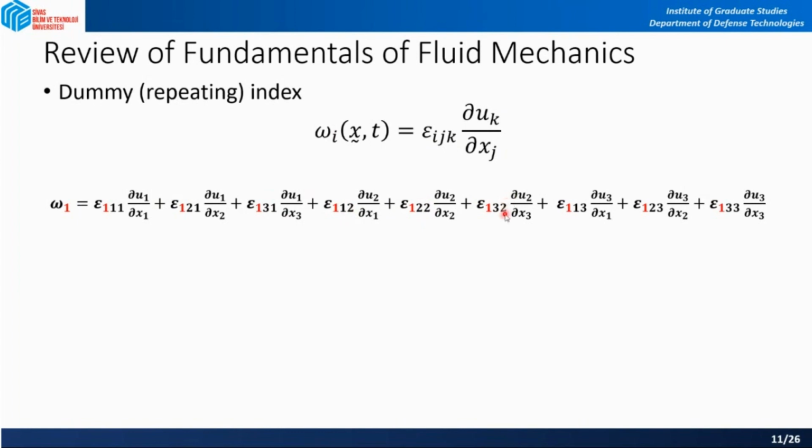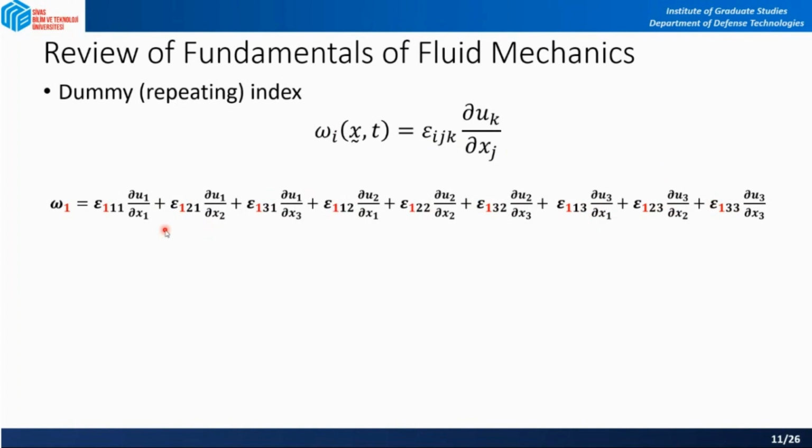So in these three terms, you see that the k is 2, 2, 2. It is fixed, and I summed up on j's. So j is equal to 1, 2, and 3. And then I fixed k to 3 and summed up on j equal to 1, 2, and 3.